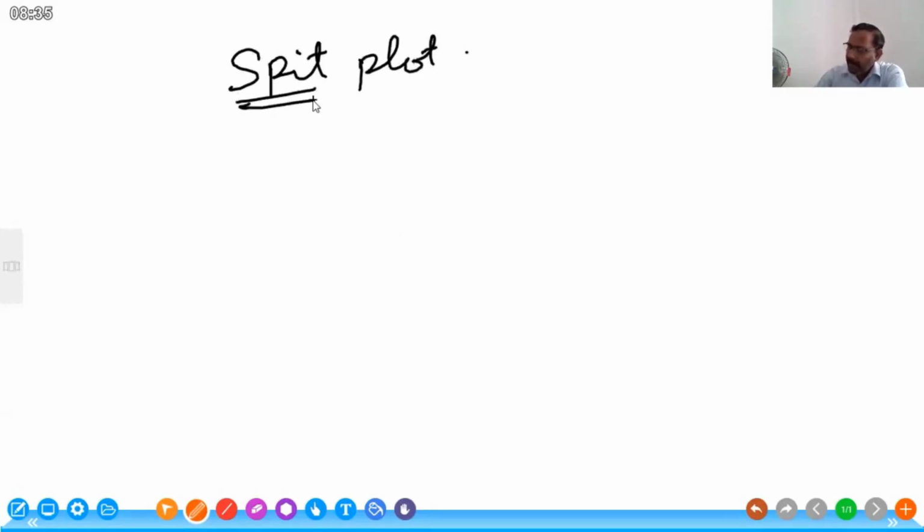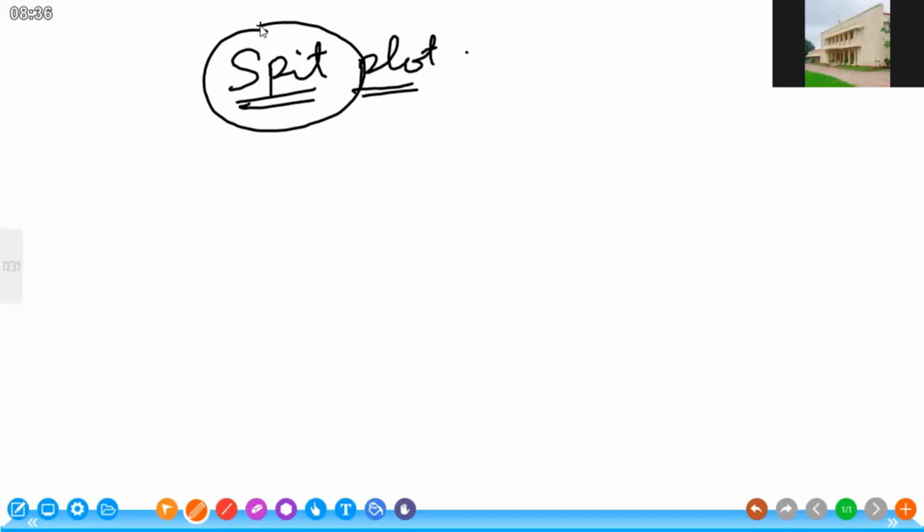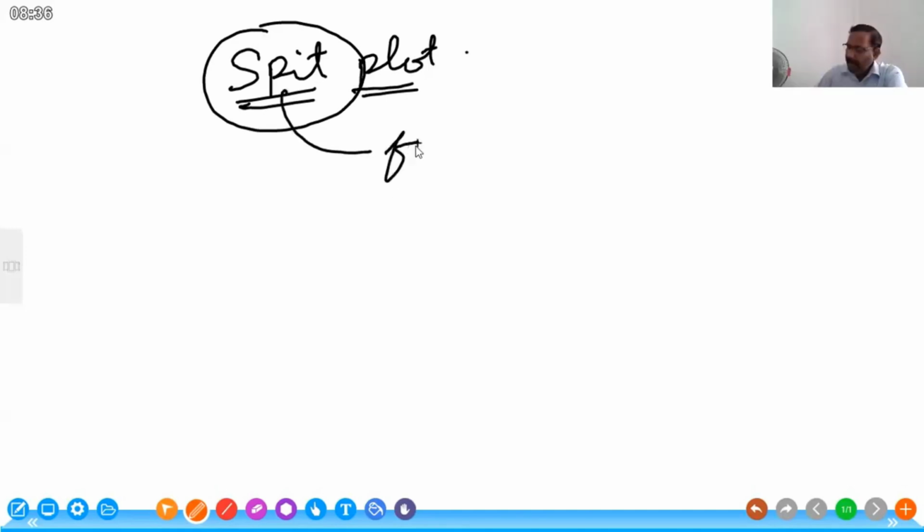So from the name itself, you can realize split. What do you mean by split? In Tamil and Sinhala, what do you mean by split? Separate. We can say further divide.